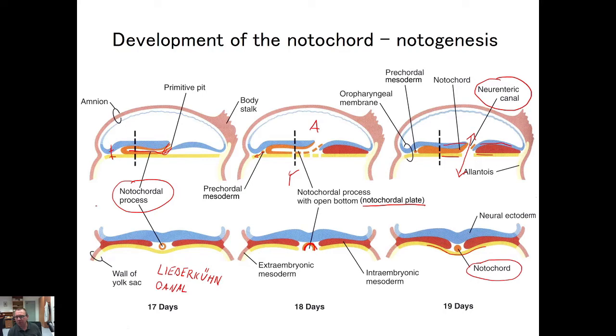So notochordal process, first stage, notochordal plate, second stage, notochord, third stage. At the beginning was the solid cord, at the end is the solid cord, but in between is the hollow structure and plate, and so the development of the notochord is quite complicated and interesting.